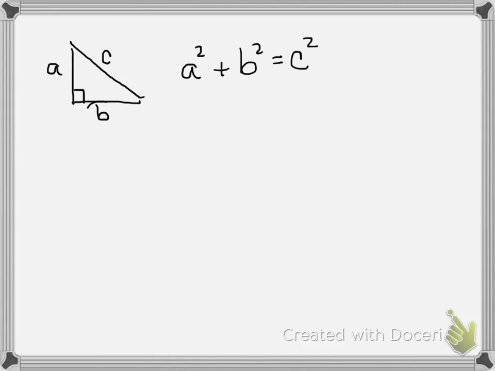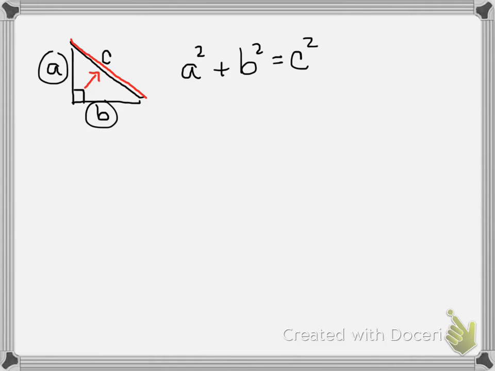It doesn't really matter which one you call A and B, but C is very important. C is what's called the hypotenuse. It's always across from the 90 degree angle, and so C is always the long leg, the diagonal. So Pythagoras came up with this theory that this would work for all right triangles, and it does.